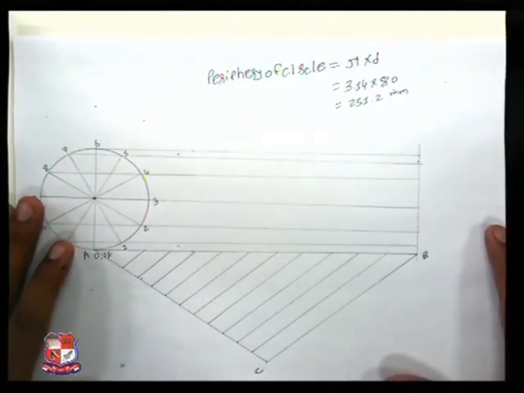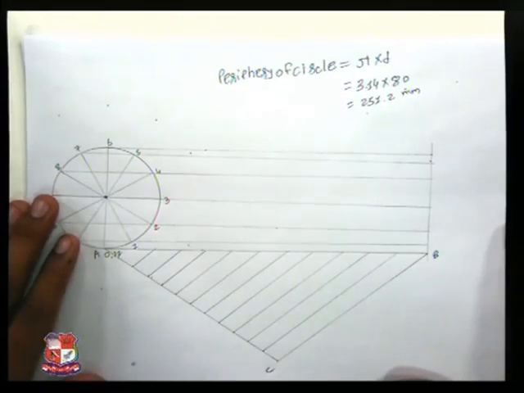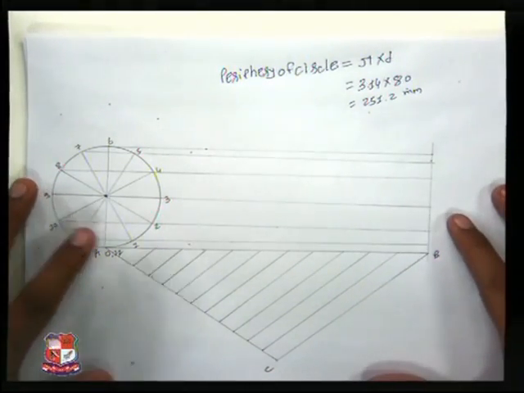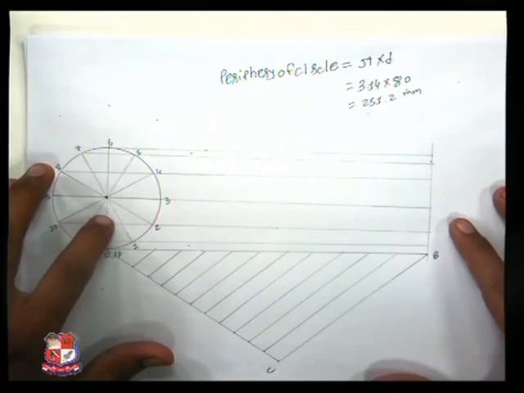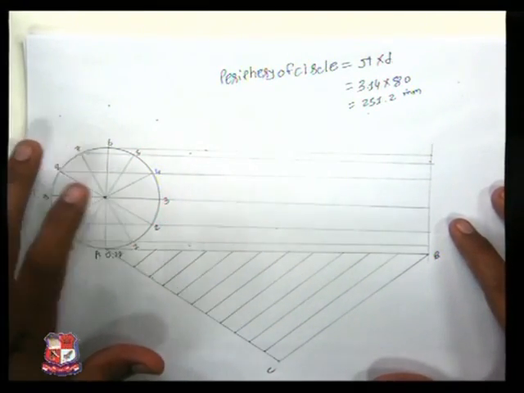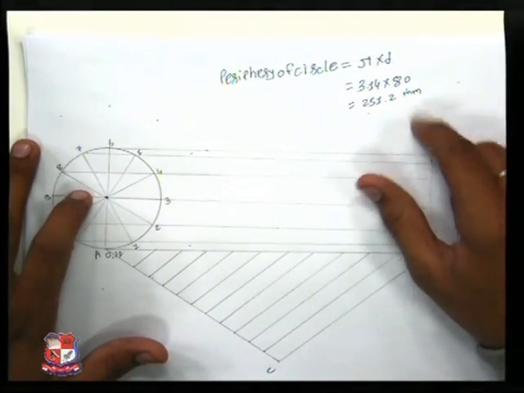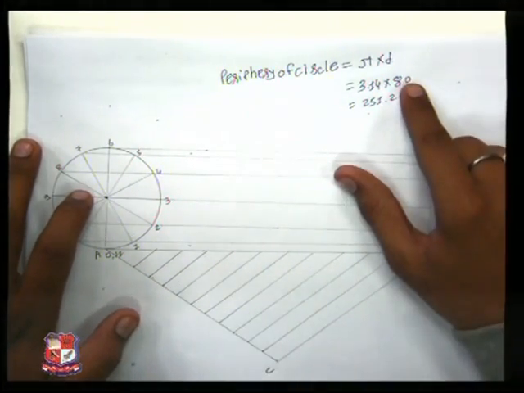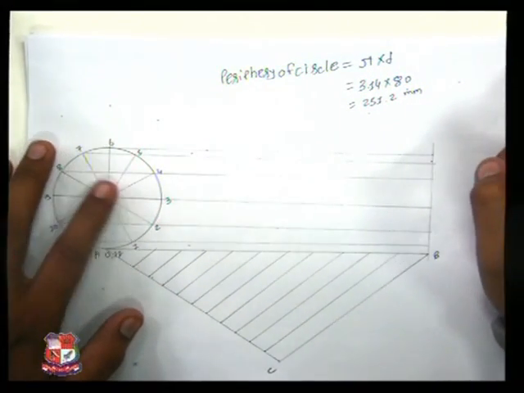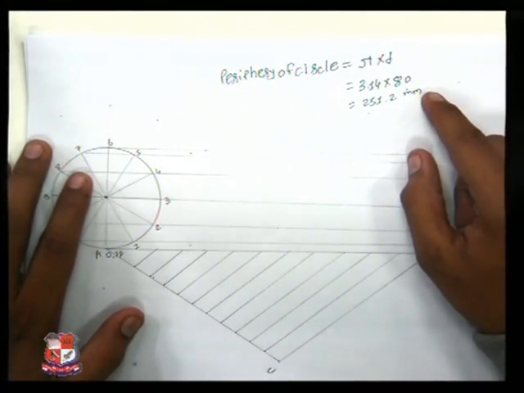We have drawn a diameter and divided that periphery into 12 equal parts. First of all, we have drawn a circle of 40 mm radius so that we can draw a cycloid, so the diameter is 80 mm.